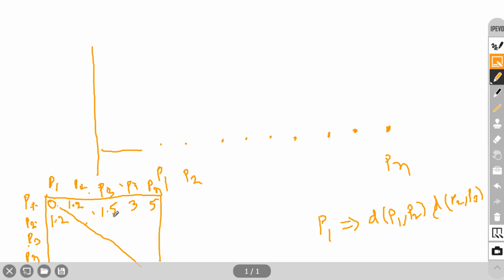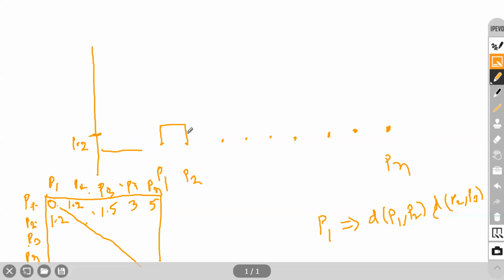So we will merge them. At 1.2 distance, these two clusters have merged. I made one cluster; from two points I am making one group.